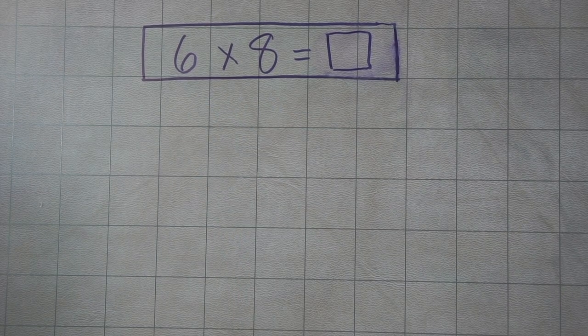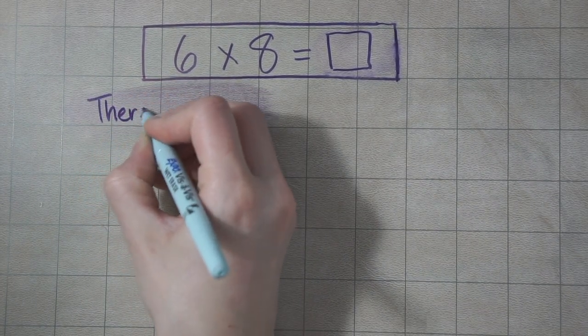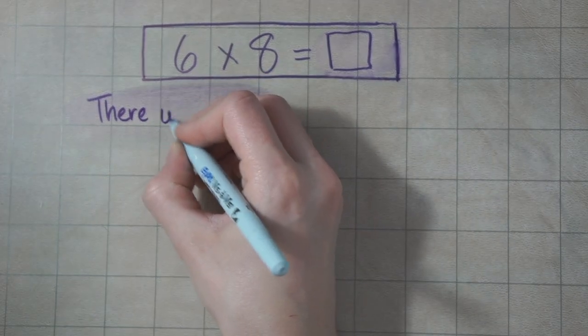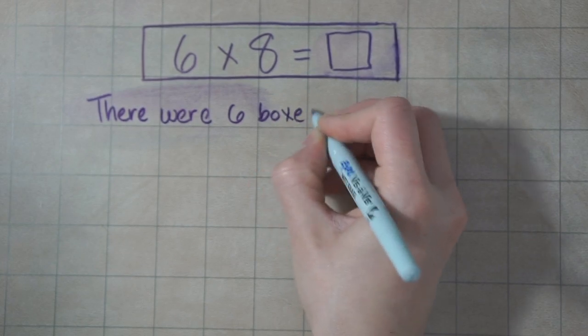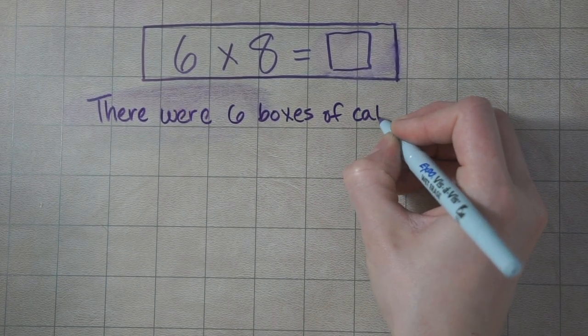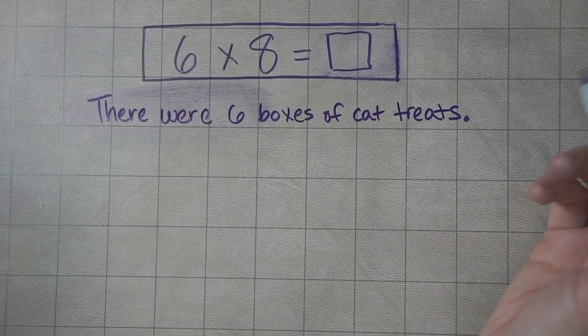Let's see. There were 6 boxes of cat treats. Each box had 8 treats in it.